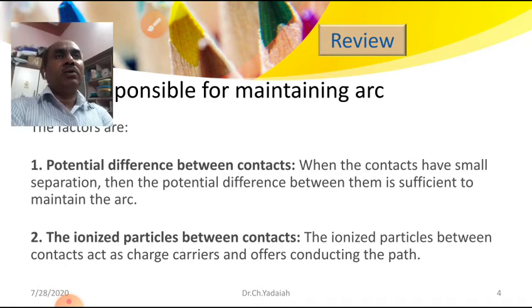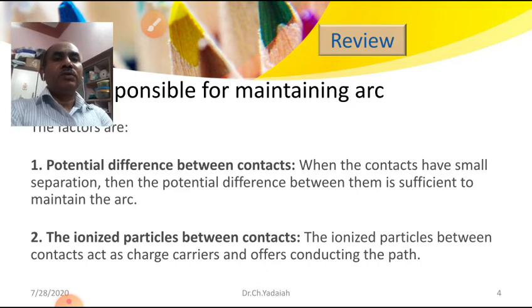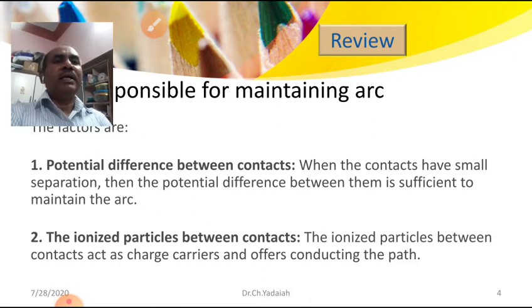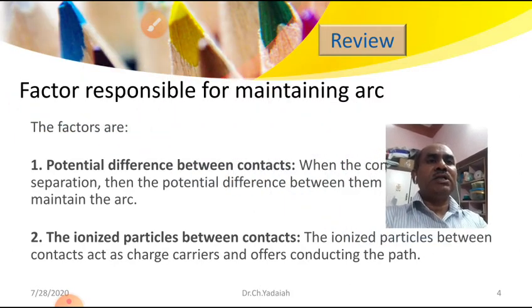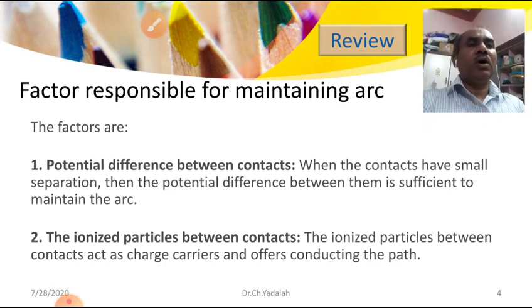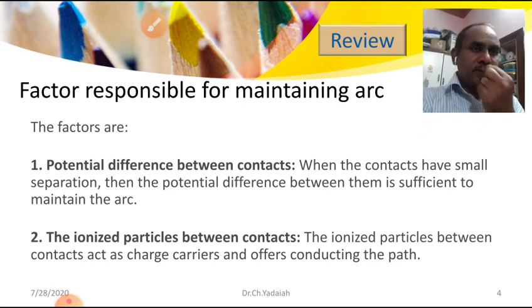The ionized particles between the contacts act as charge carriers and offer a conducting path to our normal current. So these are the factors responsible for continuous arcing between the two electrodes.